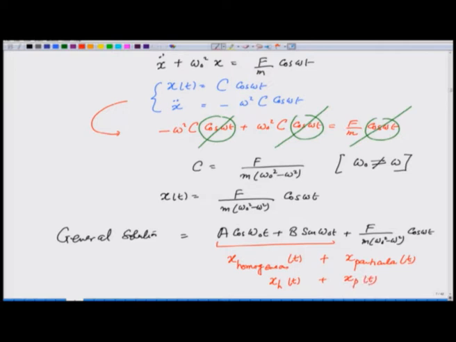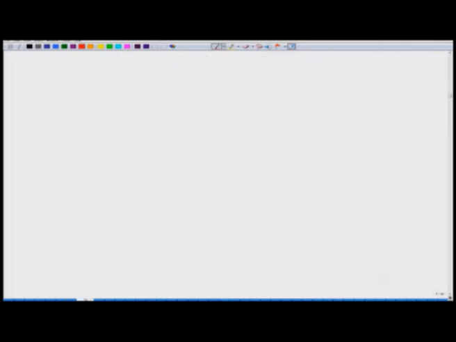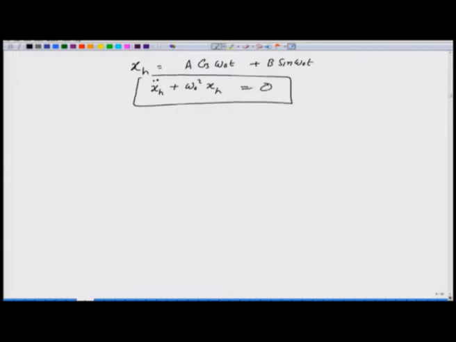These are notations with the property that x homogeneous, which is a cosine omega 0 t plus b sine of omega 0 t, is such that x homogeneous double dot plus omega 0 square x homogeneous is equal to 0. On the right hand side you get a 0, and that is why I call this the solution of the homogeneous equation.